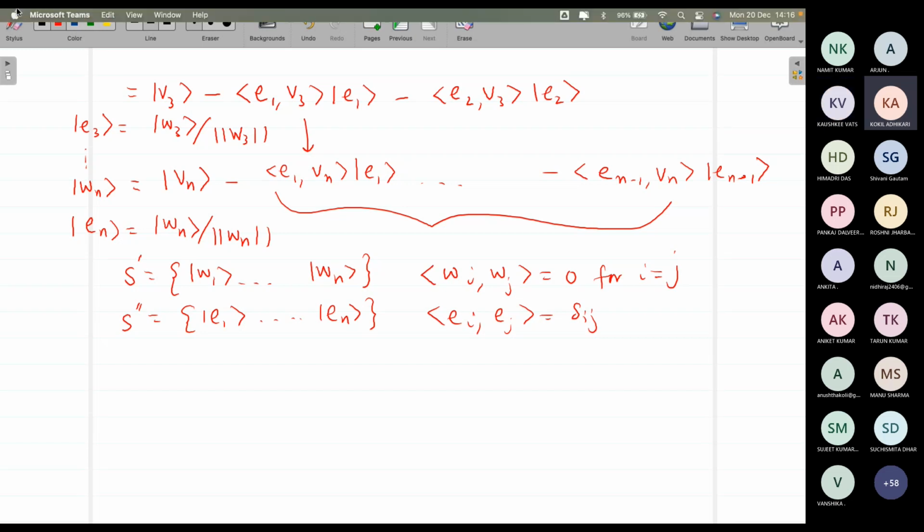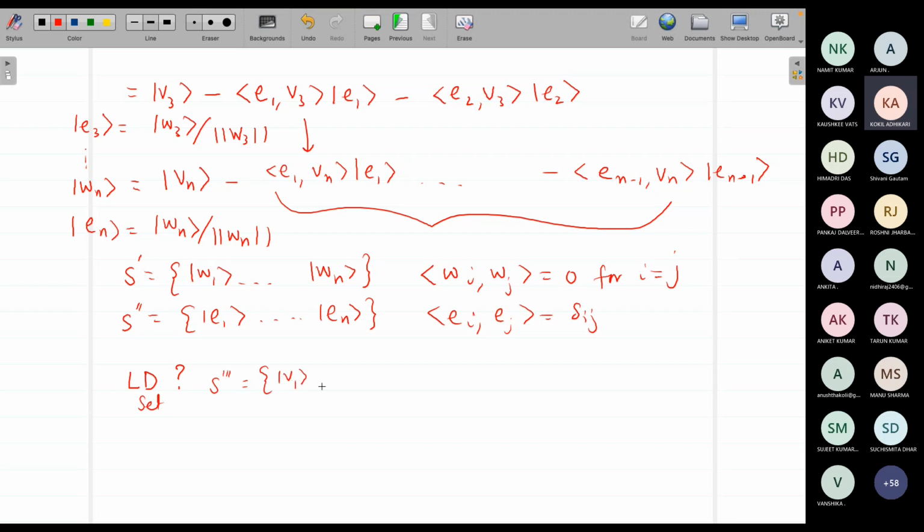But what I want to ask all of you is, what if I start with linearly dependent combinations? Instead of starting with a linearly independent set, let's say I have some set v1 to vn, but it is not a basis; some vectors are linearly dependent.